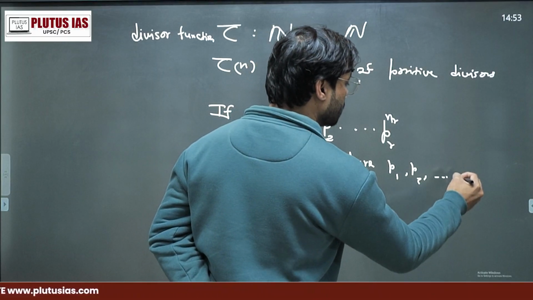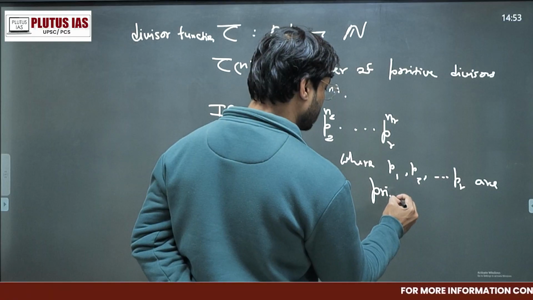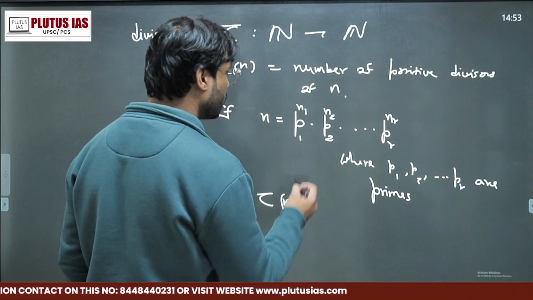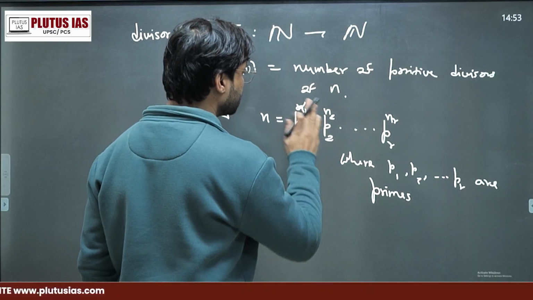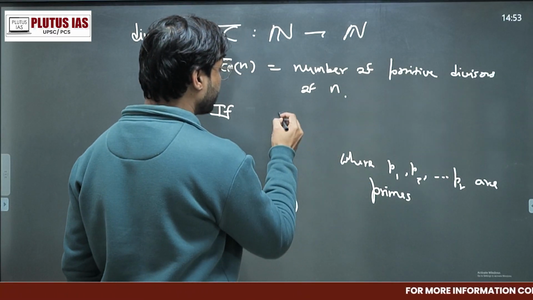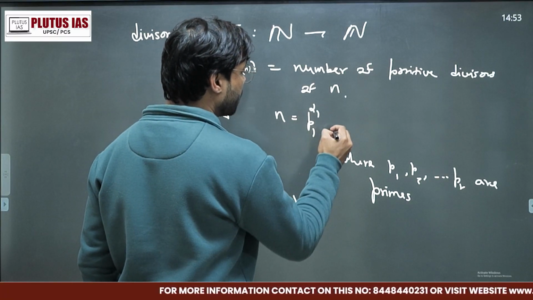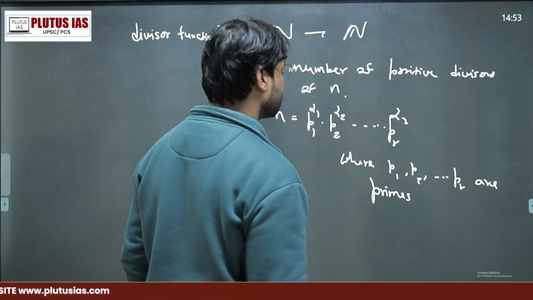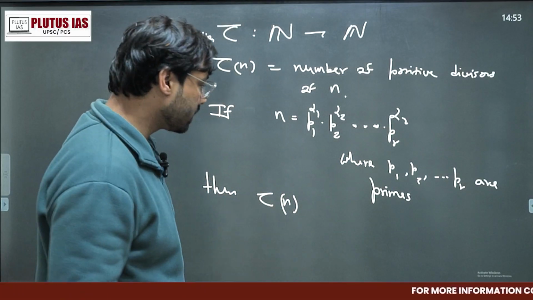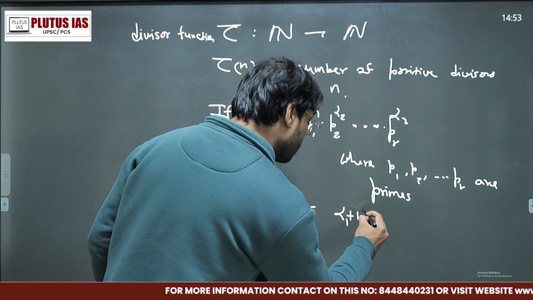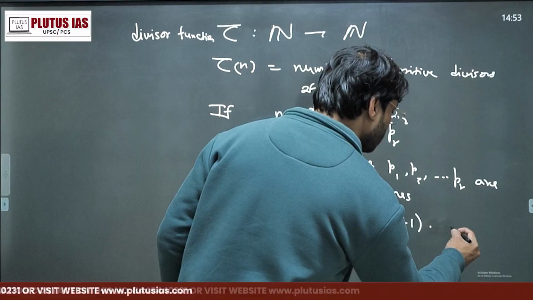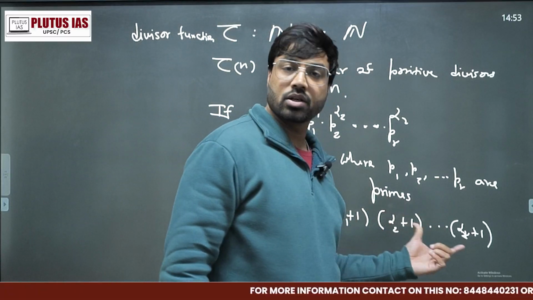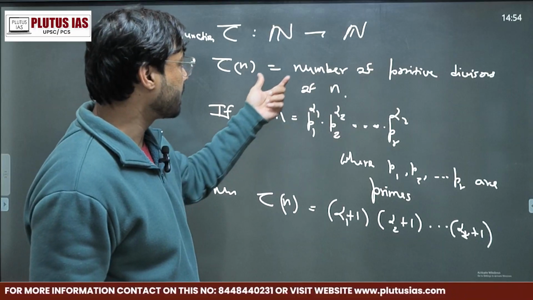If n equals p1 to the power alpha 1, p2 to the power alpha 2, and so on, pr to the power alpha r, where p1, p2, up to pr are prime numbers, then tau(n) equals (alpha 1 plus 1)(alpha 2 plus 1) and so on, (alpha r plus 1). This is the number of positive divisors of n.